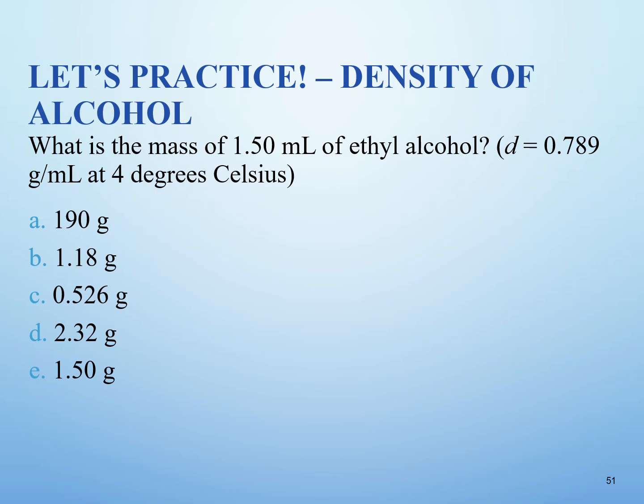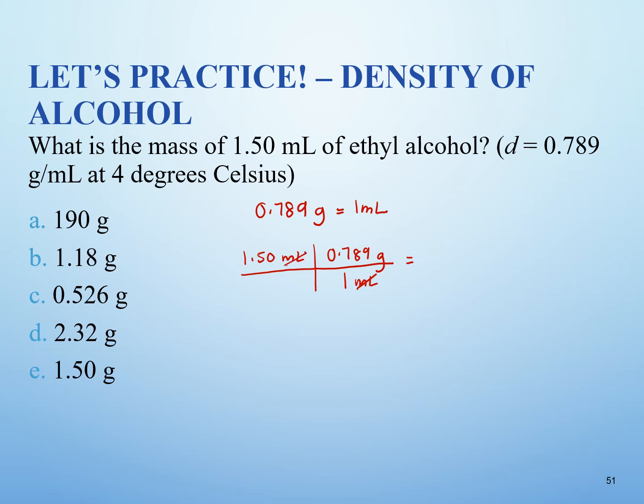So remember, when you write density, it says 0.789 grams per mL. That means 0.789 grams can be found in 1 mL. So if I have 1.50 mL of alcohol, I want to convert it to grams. That means I'll put the mL on the bottom. 1 mL is 0.789 grams. And then we can cross off the mL.